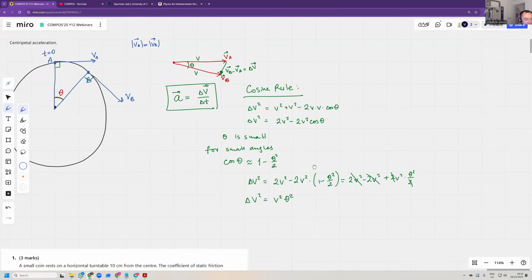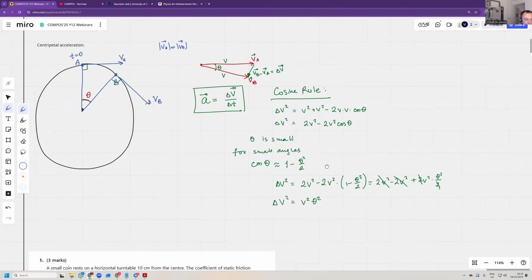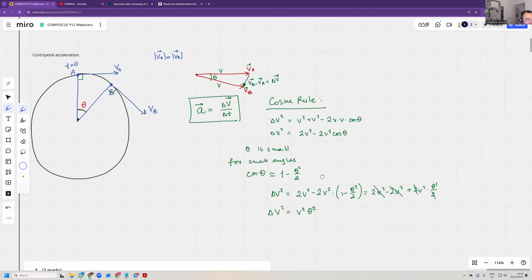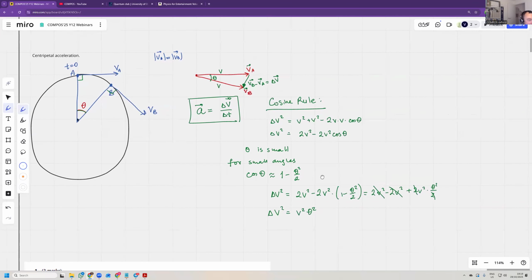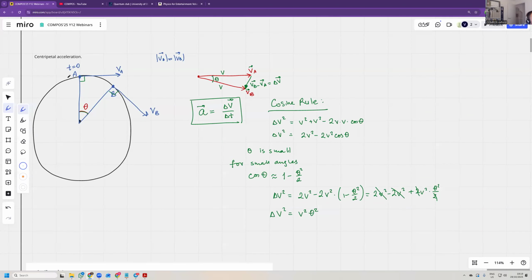Okay. And now we just need to work out what theta is. The distance that you travel, this arc, is v multiplied by t.